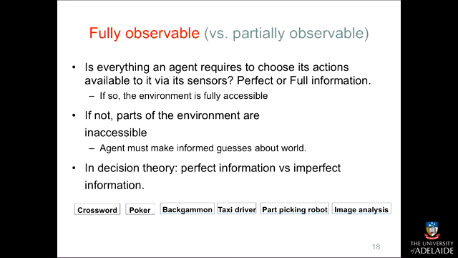You might struggle, but there are very good backgammon playing programs that can achieve pretty much perfect play by maximising their expected return. Okay, taxi driver. Pretty obviously, it's not fully observable. It would be nice if it worked, because then we could be sure that our taxi driver is not going to crash. How about a part picking robot? Someone up the back.